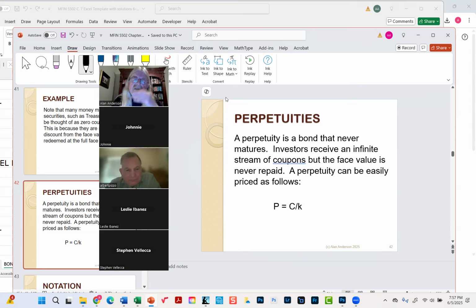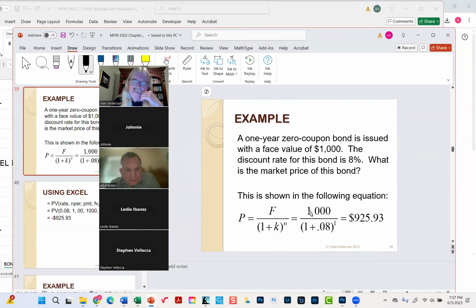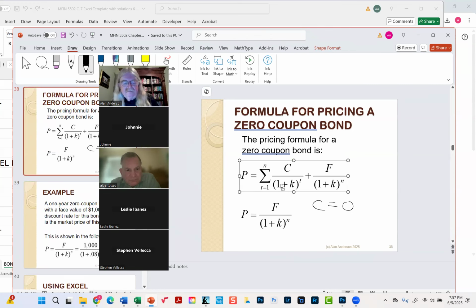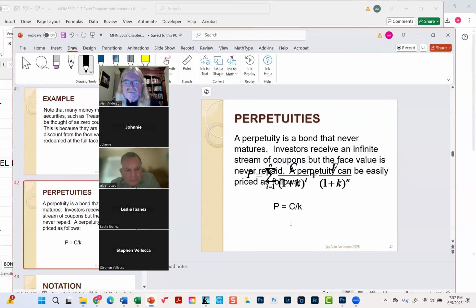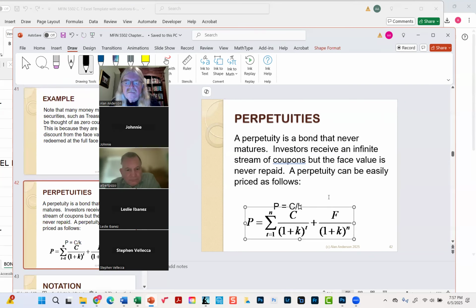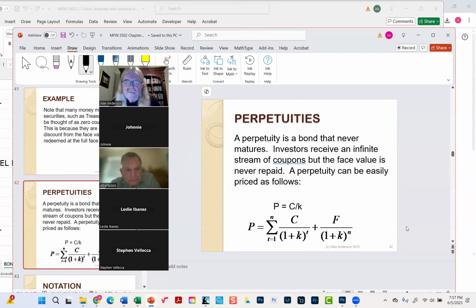Wow. So how is this possible? Well, let's see. What's basically happening is n is converging to infinity.